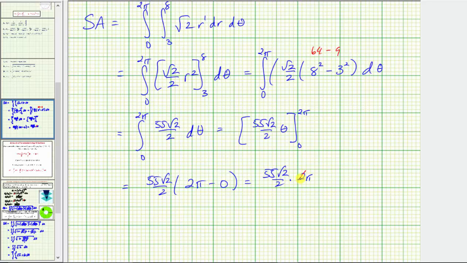The 2s simplify, which gives us an exact surface area of 55 square root 2 pi, and because this is surface area, this would be square units. And this is approximately 244.3586.